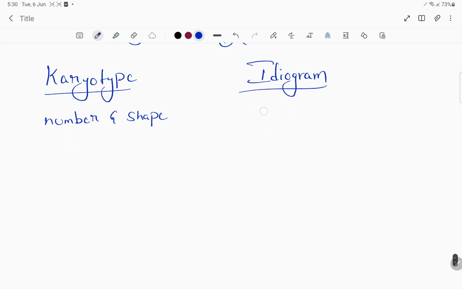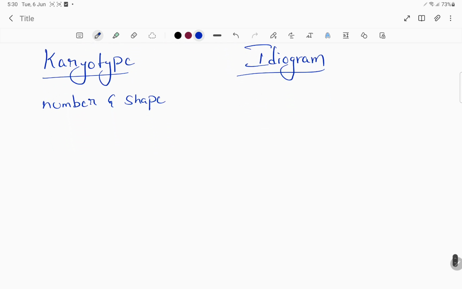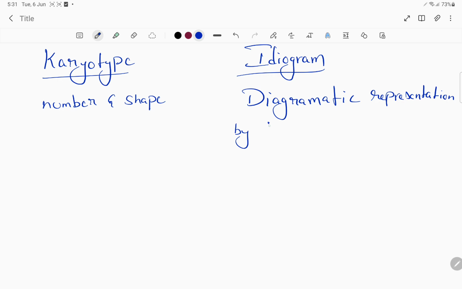And in this case, the diagrammatic representation of the chromosomes in decreasing length, we call it ideogram. So it is a diagram. You'll see the diagrammatic representation by decreasing length.